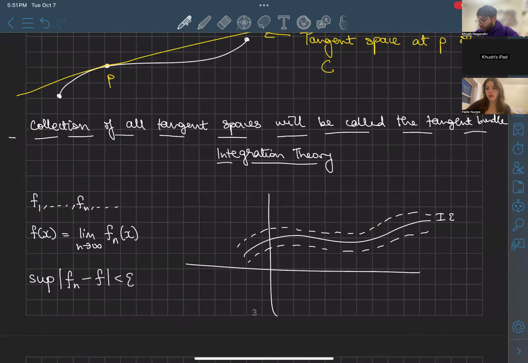What uniform convergence says is that the functions in the sequence remain in this tube after some point. All but finitely many are inside this tube eventually.